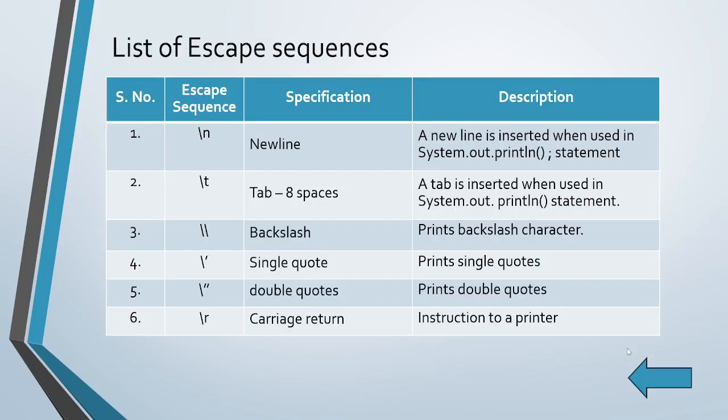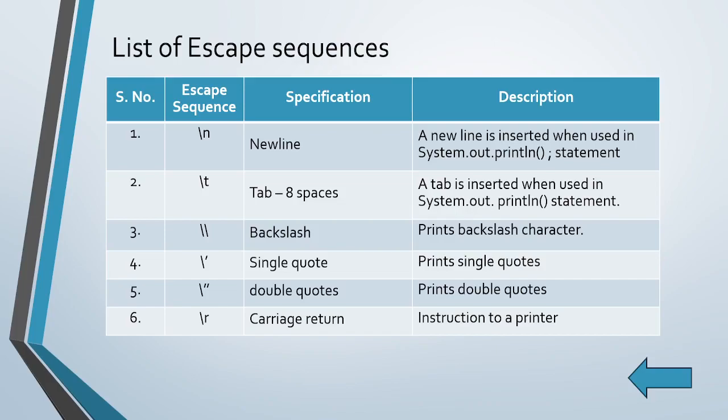Okay, list of escape sequences always starts with a backslash followed by one character which has to do some action or print a special character. Backslash n means take the control, go to the next line. That is enter key.